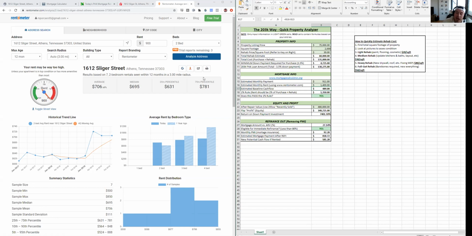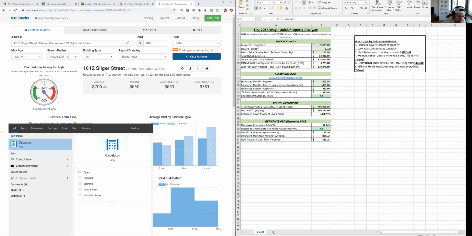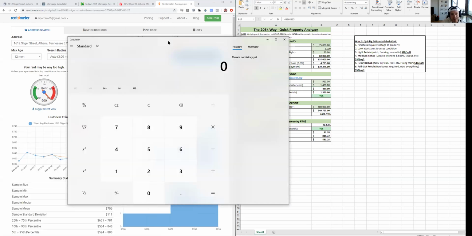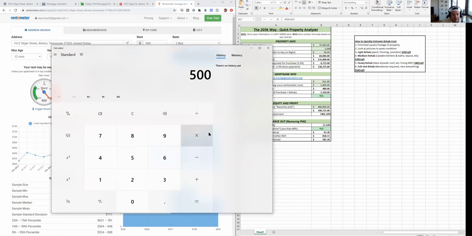If you leave this thing alone for 30 years, you come back, you sell it, you got that 500 bucks a month every month. Obviously real estate prices typically go up, but let's say 500 a month times 12 months, you're making $6,000 a year off of this property. Then you multiply that by 30 years, you're making $180,000.